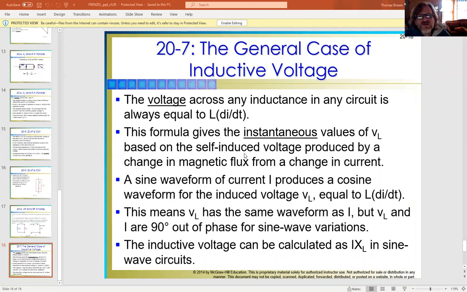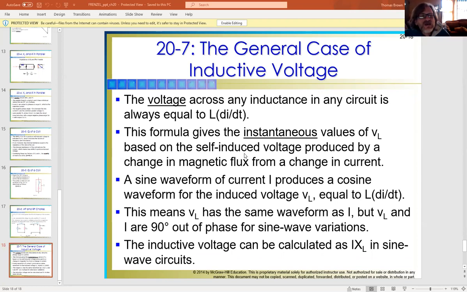Anyway, what else to note? The sine waveform of current, I, produces a cosine waveform for the induced voltage, right? So the current goes through the component and develops a voltage. However, the inductor is lazy, so it takes a little time before we get that phenomenon happening.